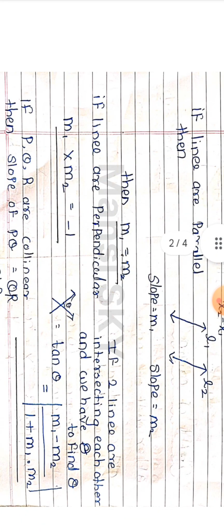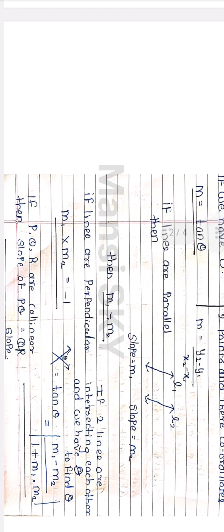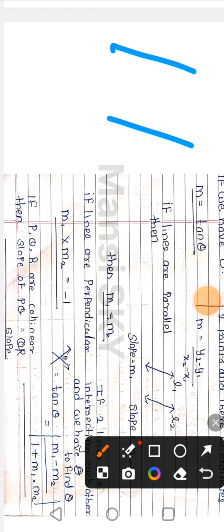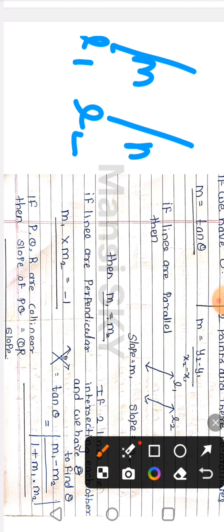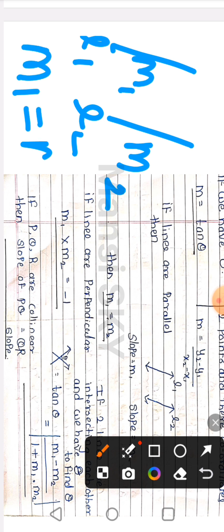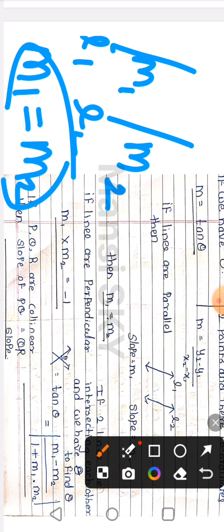Then there are two properties which are very important. First is for parallel lines and second is for perpendicular lines. If two lines are parallel, if we have two lines, line 1 and line 2, and their slopes are m1 and m2, then the slopes are equal.